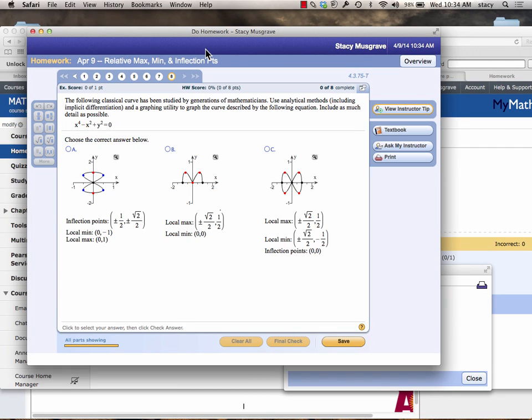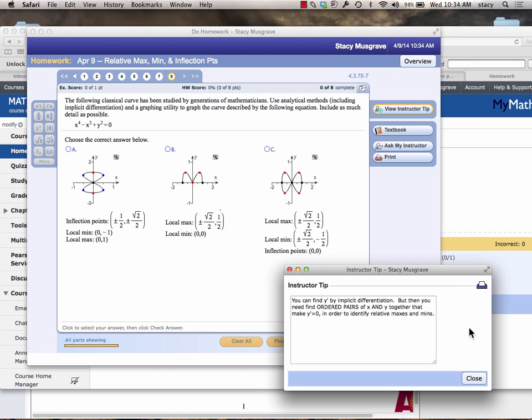One of the things that I wanted us to practice today is what I call sense making. The instructor tip for this was that you can find y prime by implicit differentiation, and then you have to find ordered pairs of x and y.